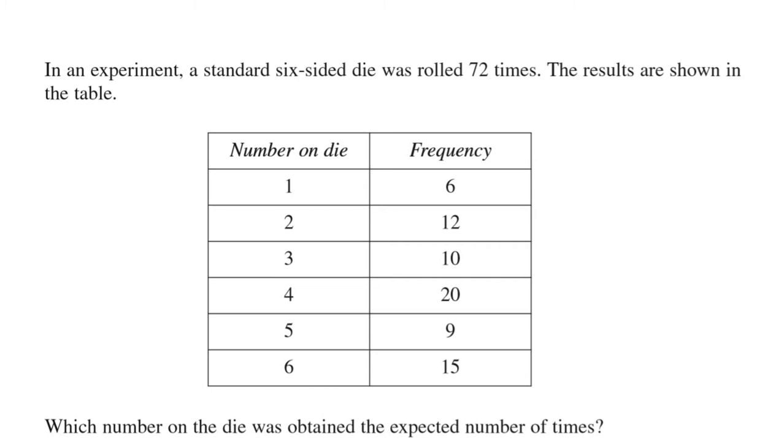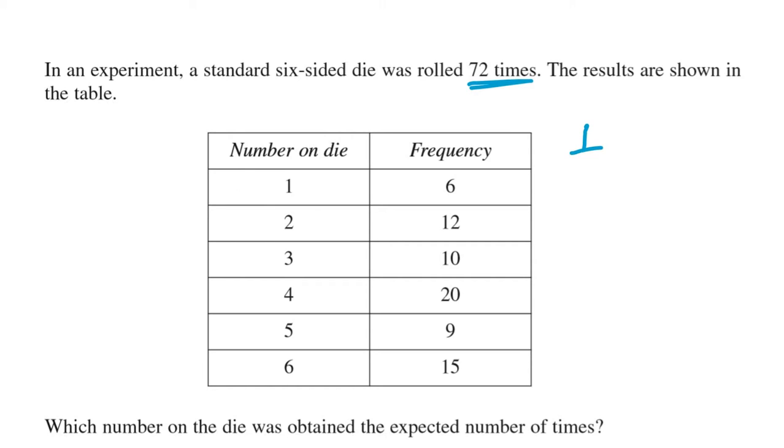When you read the question, it's quite confusing, right? They said which number on the die was obtained the expected number of times. What that means is which one of these came out the same as in theory. Because you rolled 72 times, in theory the probability of each of them is 1/6.